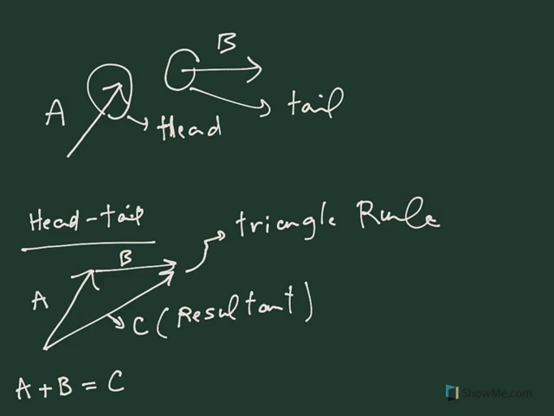Now, the resultant is independent from the order of adding vectors. For example, two vectors, and you want to add their resultant. The resultant is also independent from the order in which the vectors are added.